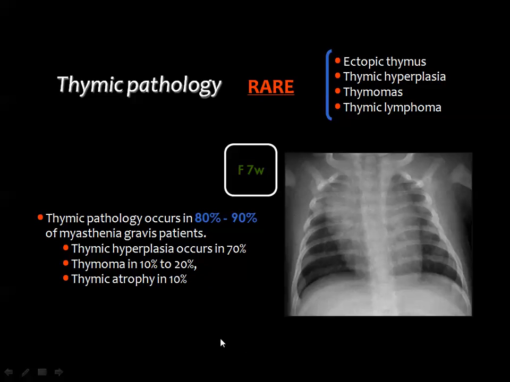Thymic pathology occurs in about 80 to 90% of patients with myasthenia gravis. This pathology may be in the form of hyperplasia in most of the cases, thymoma in 10 to 20% of the cases, and thymic atrophy in 10% of the cases.